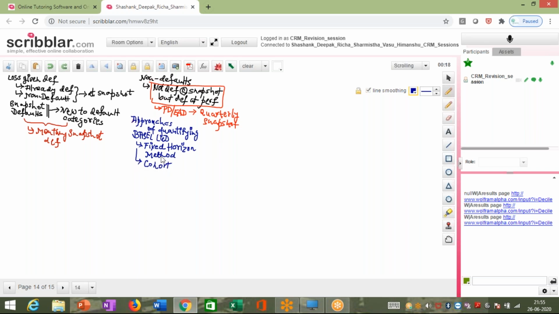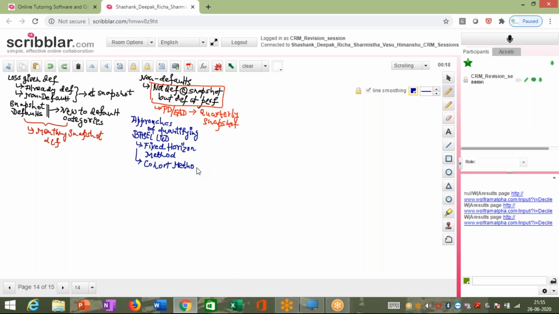What we want to understand next is what these methods are and when each of them is used.